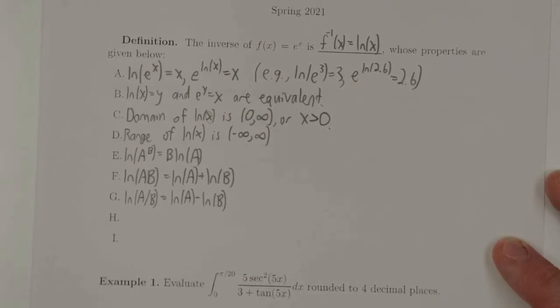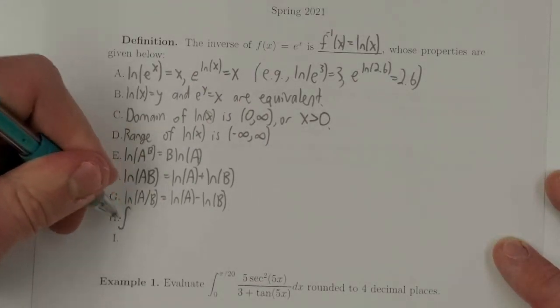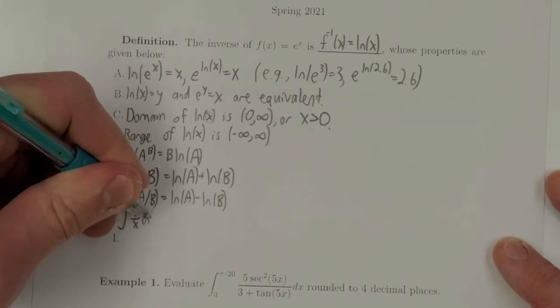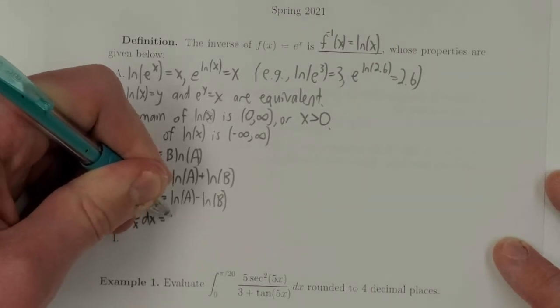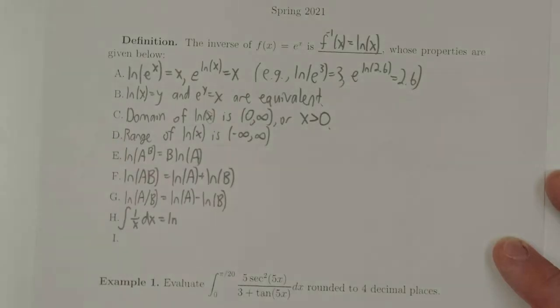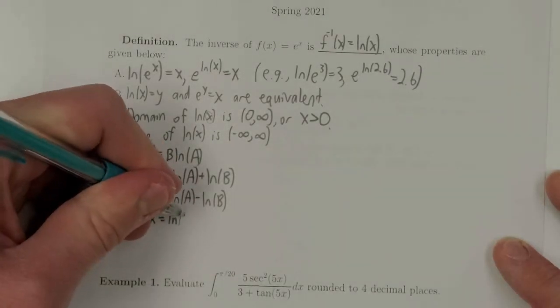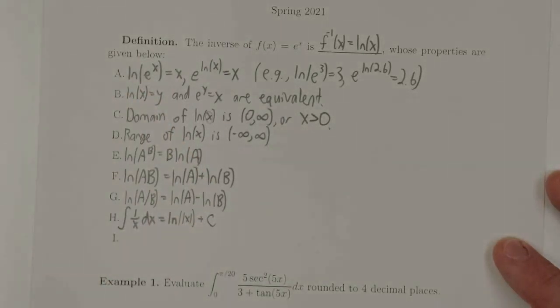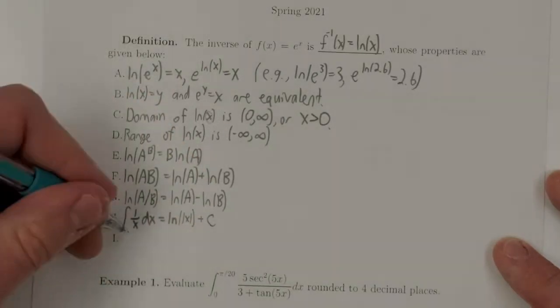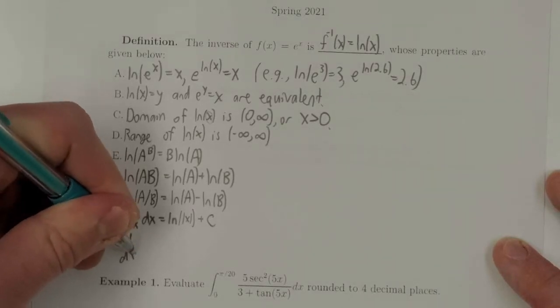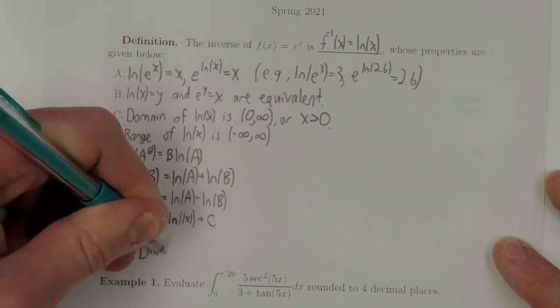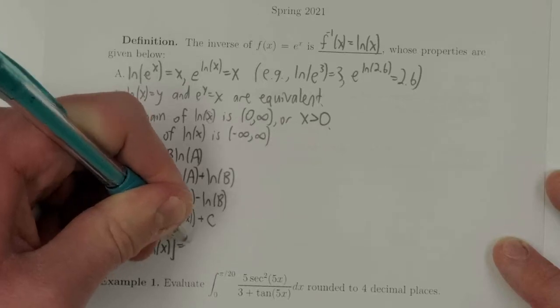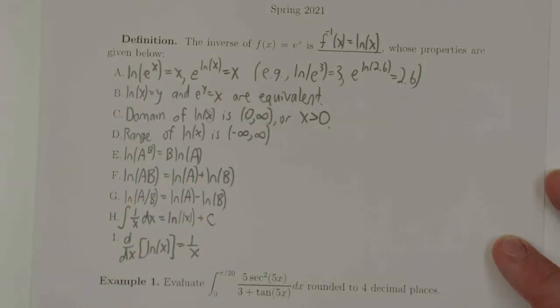And then the integral of 1 over x dx equals, bless you, natural log of the, remember, it's not just natural log of x, it will be natural log of the absolute value of x plus c. And then the last one is that the derivative of natural log of x is just 1 over x. Okay.